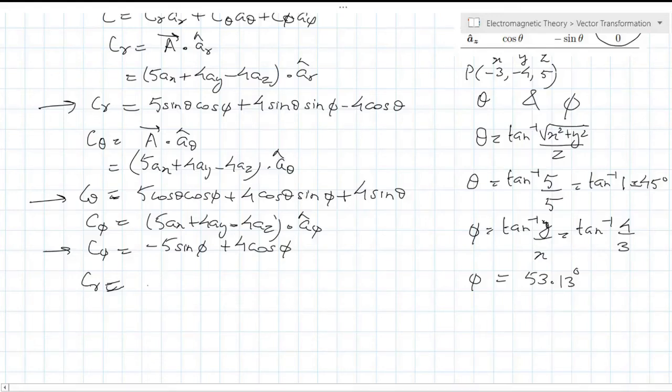The CR will be 1.553. C theta will be 7.209, and C phi is minus 1.6.